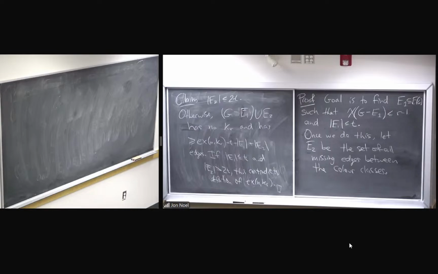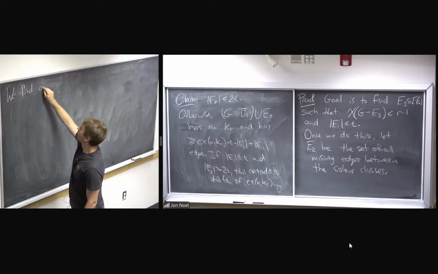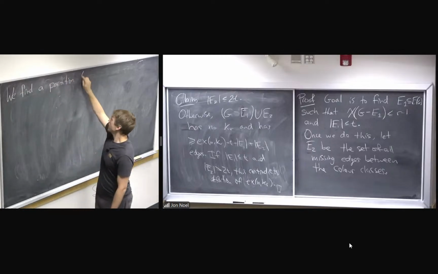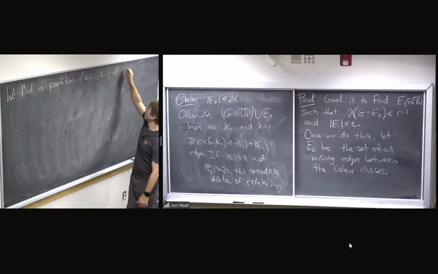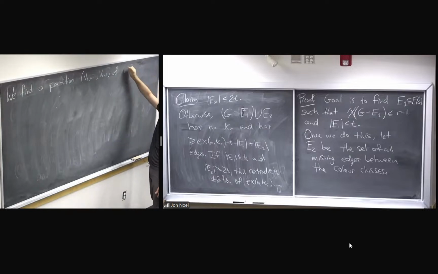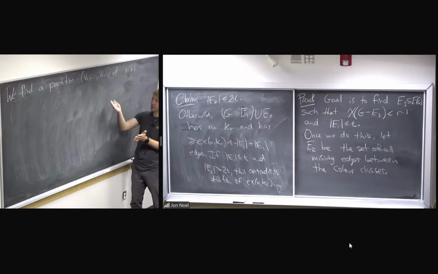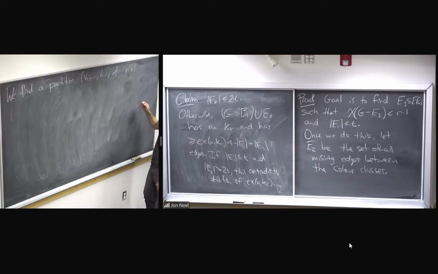So basically our goal is to find a partition of the vertices of G, although it's maybe not technically a partition. I'll allow some of these sets to be empty, but these sets are going to be disjoint. So maybe I'll put this in quotes.